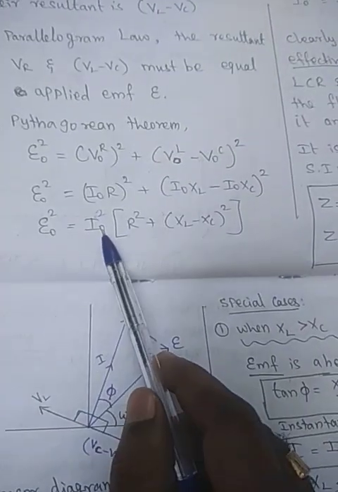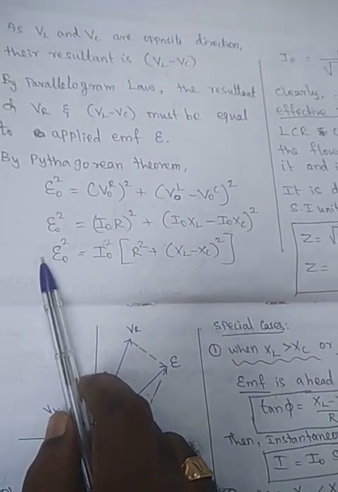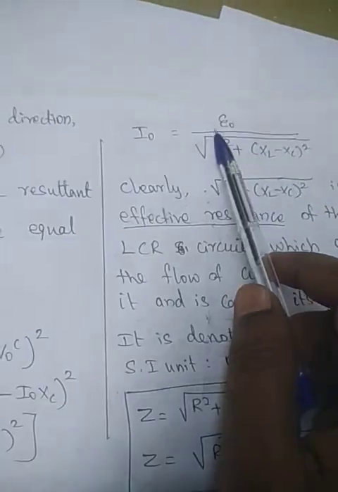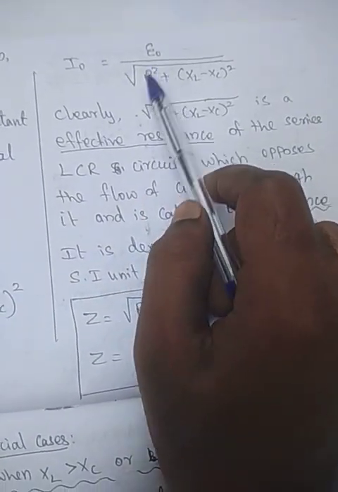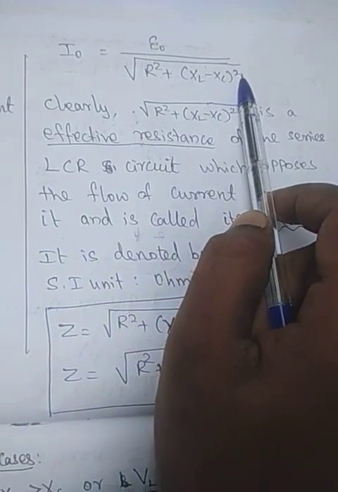Okay, so what is the E naught value? That is the I naught value. You have to bring this bracket to the denominator on this side and take the square root. We get I naught equal to E naught by root of R squared plus XL minus XC the whole square.